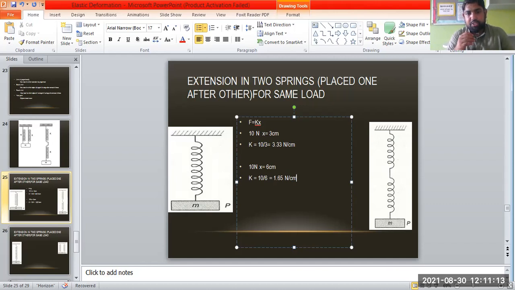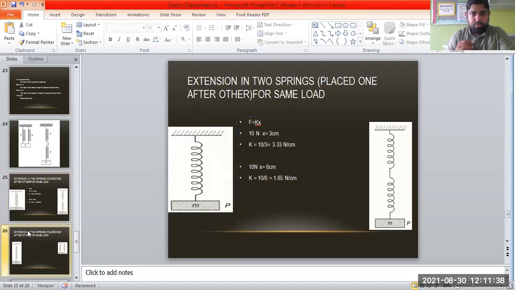Once again, if exactly the cross-sectional area has remained the same and you have connected an alike second spring, so only the length has been doubled and all other dimensions are the same, then the extension will exactly be doubled and K will exactly be halved.